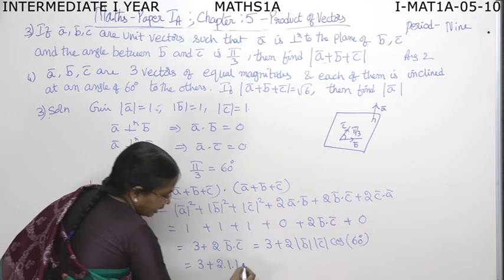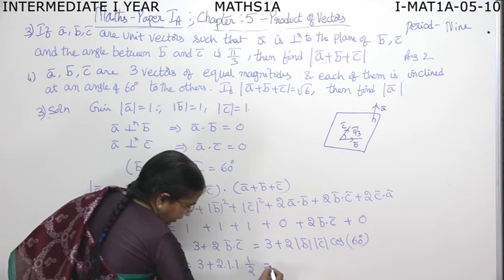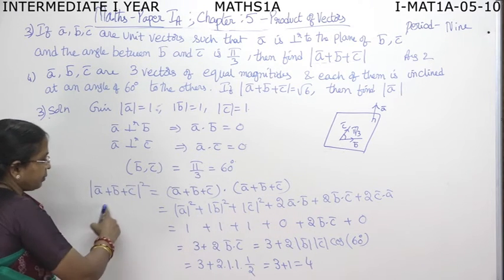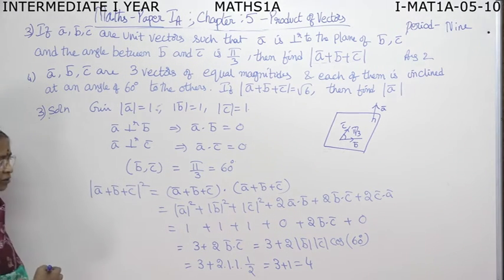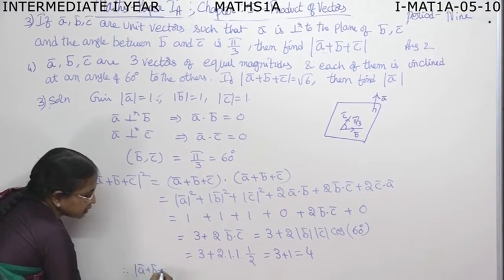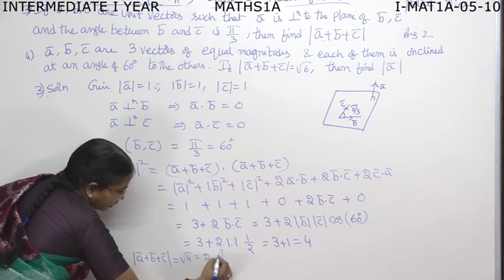Cos 60 is half. So 1 by 2, the 2 and 2 get cancelled. So it is 3 plus 1, that is 4. So mod A plus B plus C whole square is equal to 4. Therefore mod of A plus B plus C is equal to root 4, that is 2. So this is your answer.